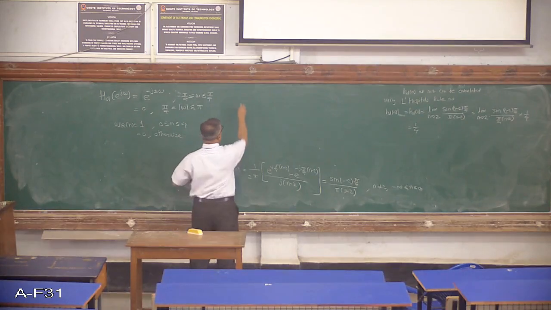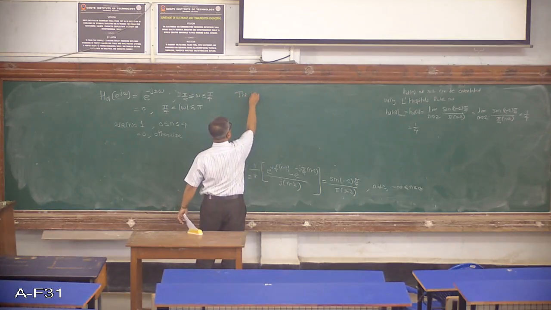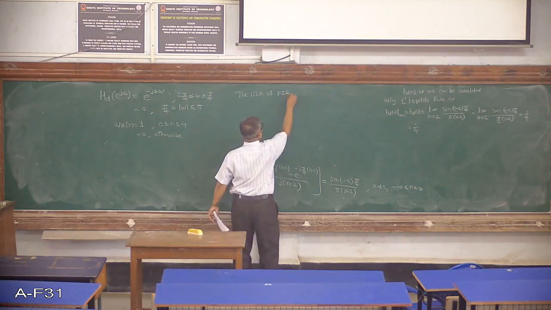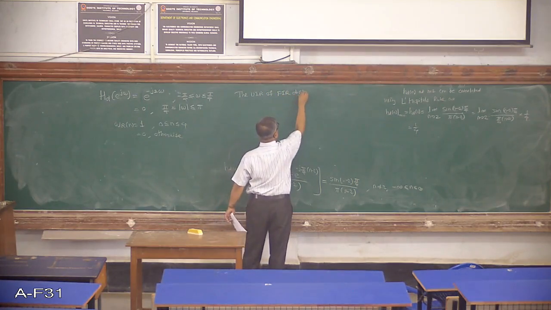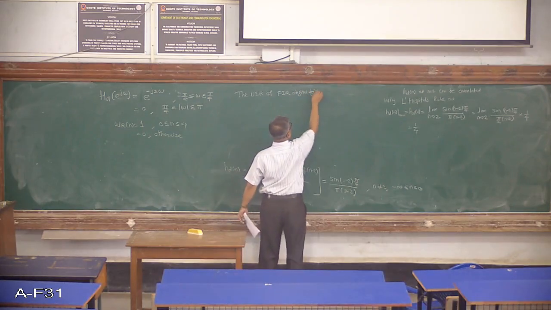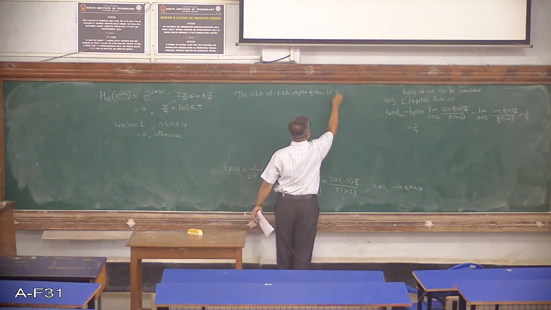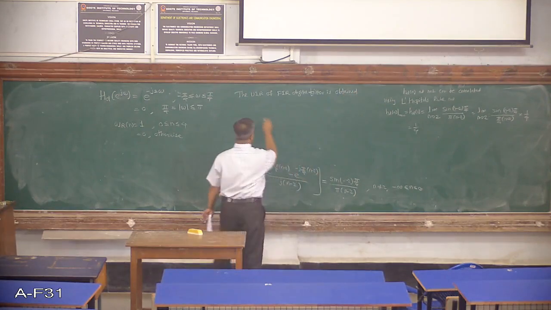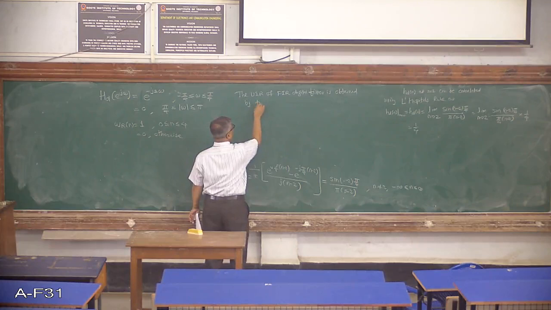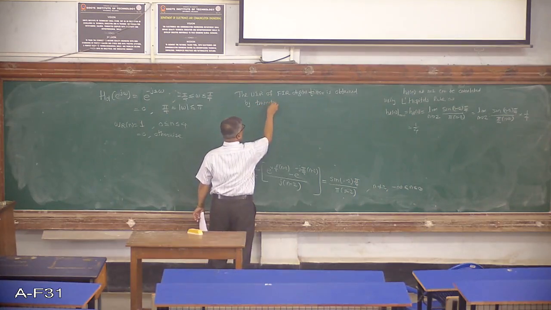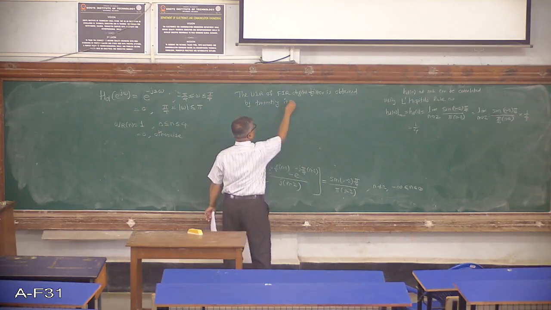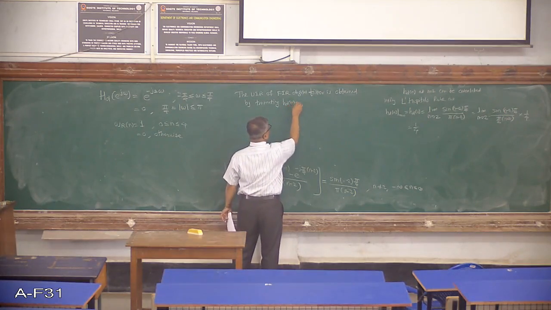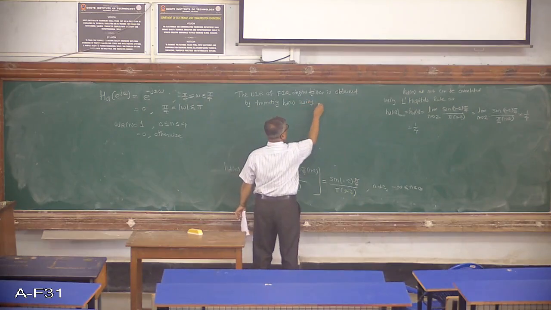The unit impulse response of the FIR digital filter is obtained by truncating hd of n using a rectangular window.